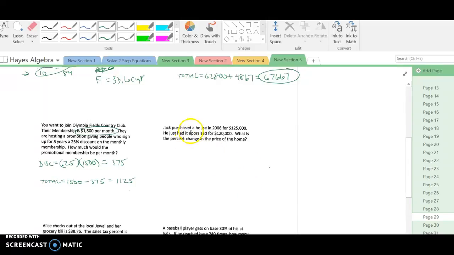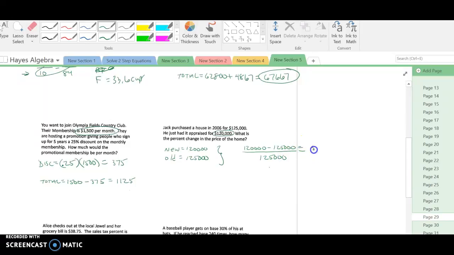Now, the next one, Jack purchased a house in 2006 for $125,000. He just had it appraised for $120,000. What is the percent change? Remember, the new price is $120,000. The old or the original is $125,000. Now, this is one area where you struggled. So remember, you're going to take the new $120,000 minus the old, the $125,000, and then you're going to divide it by the original of $125,000.